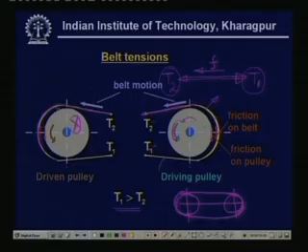The basic nature of friction again suggests that this particular driven pulley, which is not in motion, will oppose, in an opposing manner, and give a friction force, so the pulley itself gets a friction force in this direction as shown in the figure.